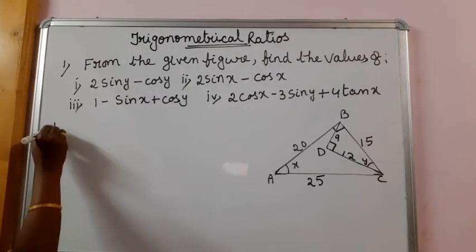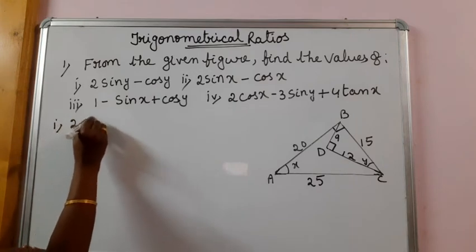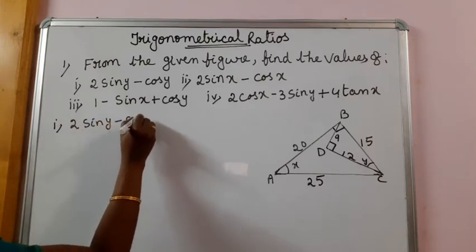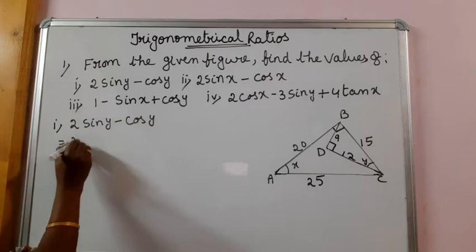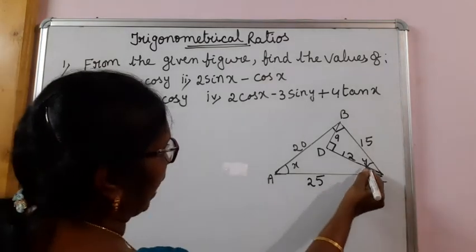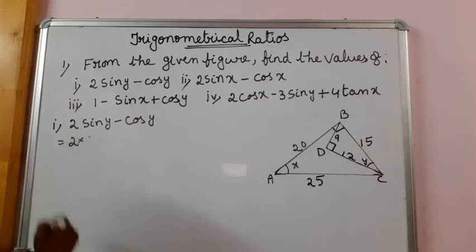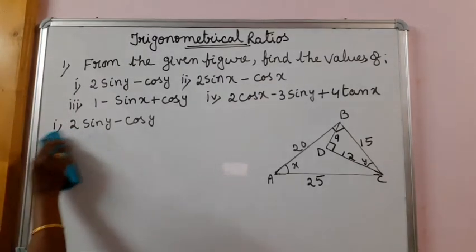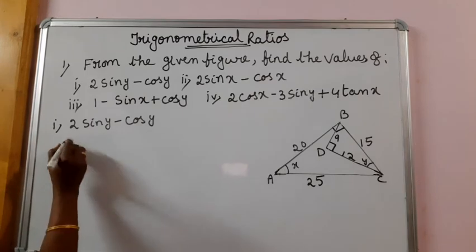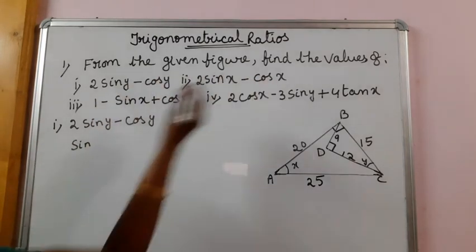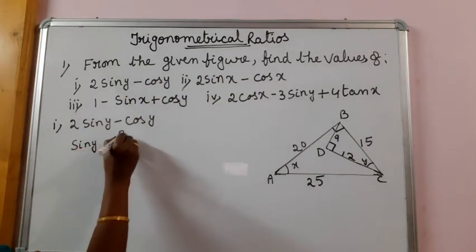So our first bit is 2 sin y minus cos y. For sin y, for this angle, perpendicular is BD. So it is good, let us find sin y and cos y values only, because in some other places also we have to use them.